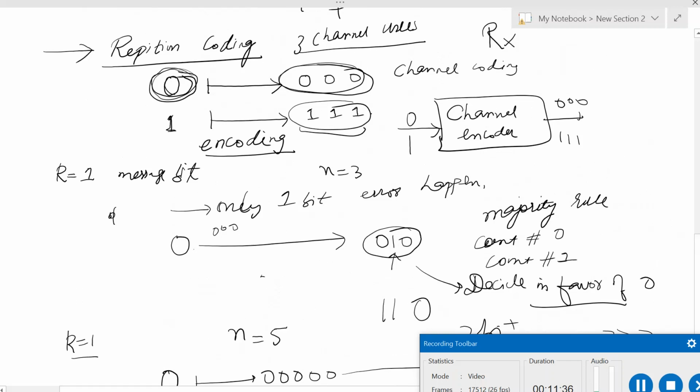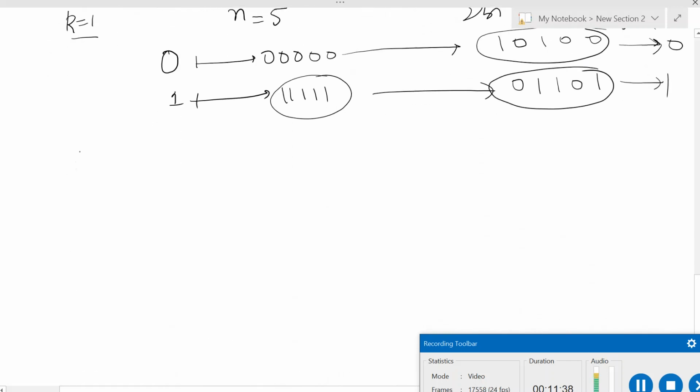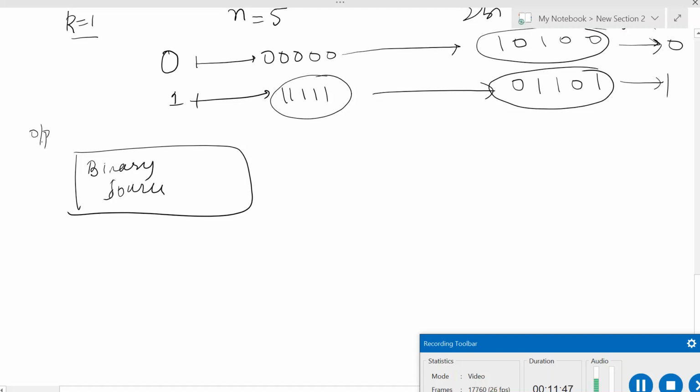Suppose this is your source of bits, a binary source. A binary source can be the output of pulse code modulation also, right? After you do sampling and quantization and then pulse code modulation, the output of that will definitely be a binary source. There will be a particular rate at which the bits come out of that source.